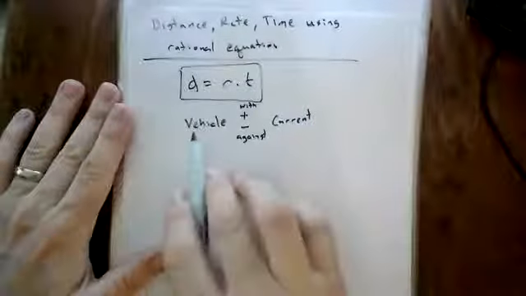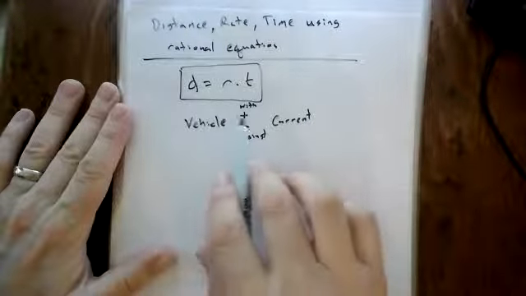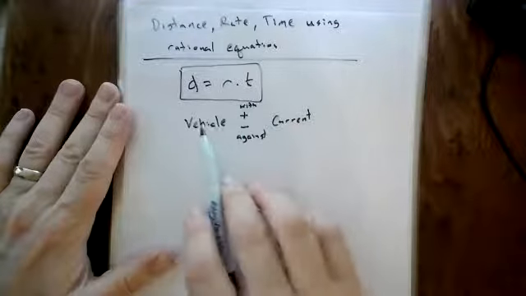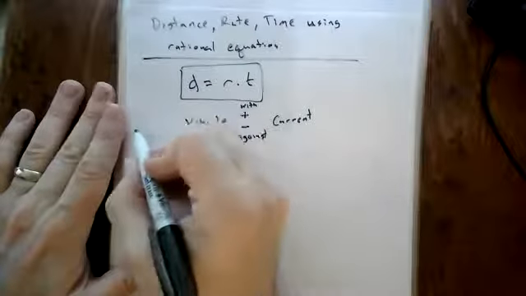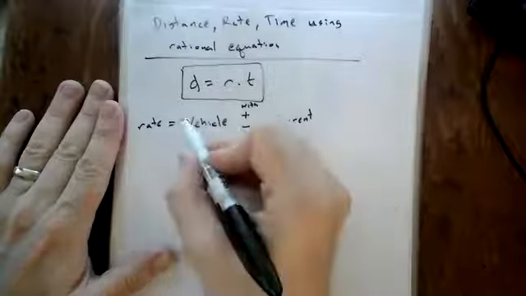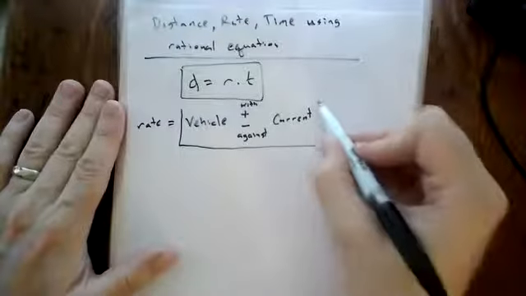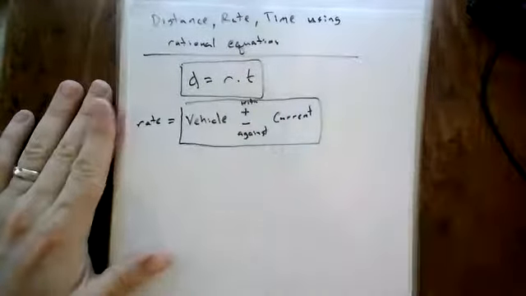So this could be a plane going with the wind, or a boat going with the current, or against the current, something like that. So your rates are always going to look like this. Your rate is always going to be the vehicle first, and then plus or minus the speed of the current.